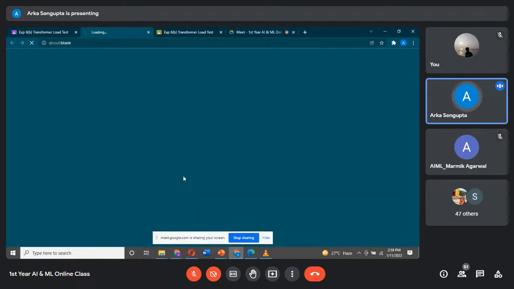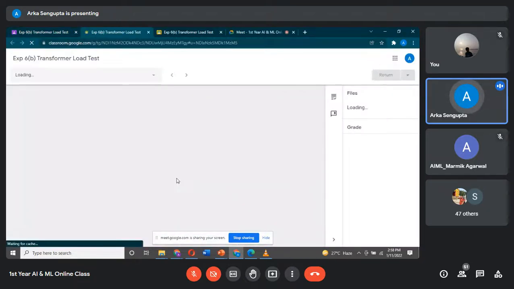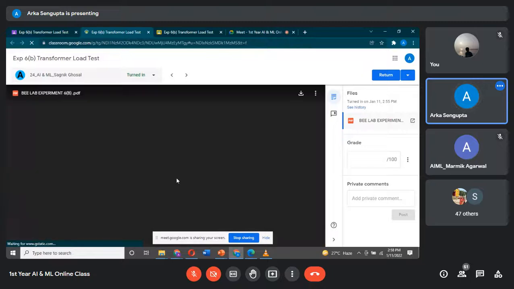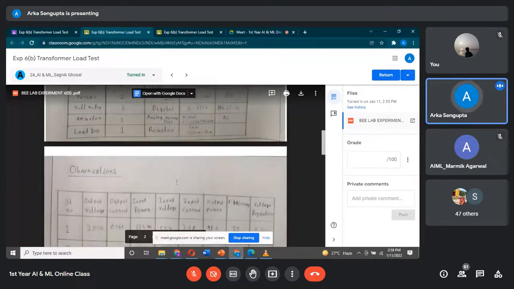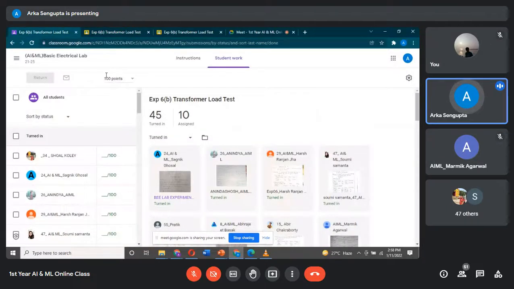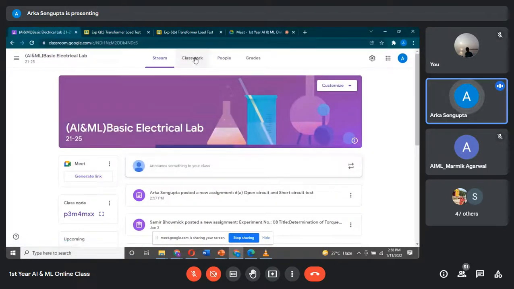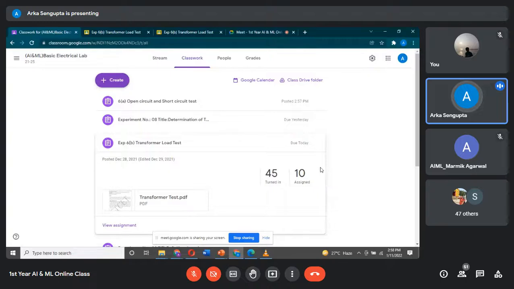One of you has submitted already under the load test assignment. Some of you have not submitted. Those who have not, submit it as soon as possible for 6B, the transformer load test.